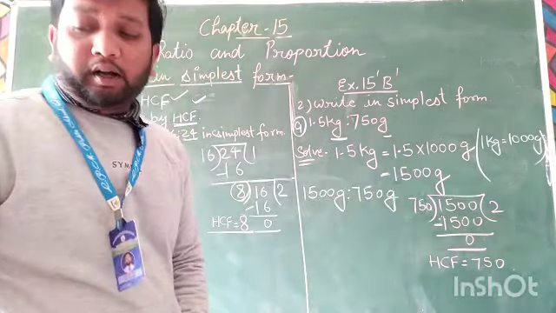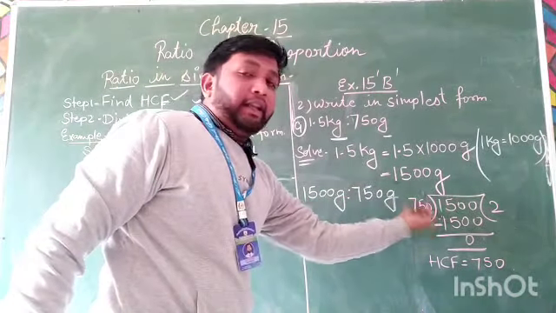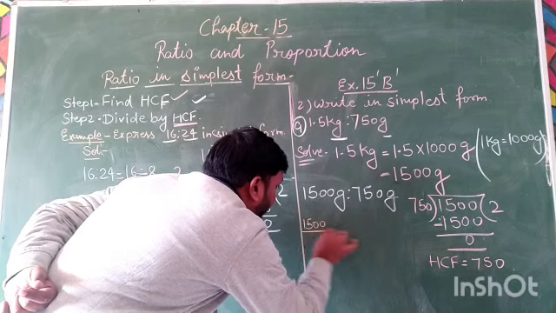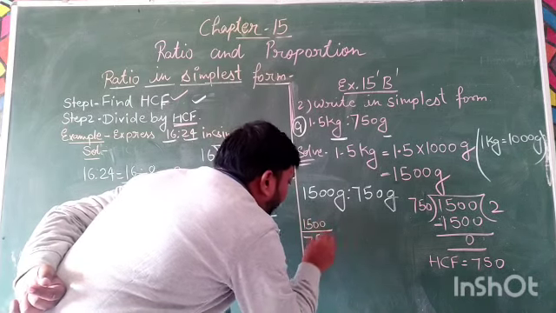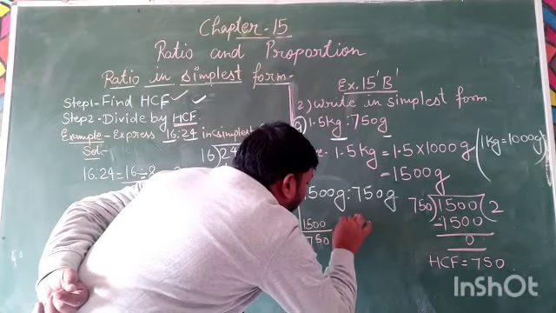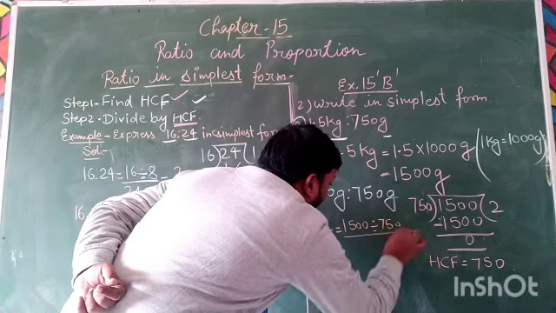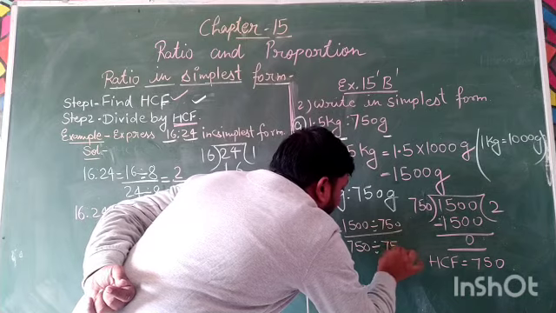So the next step is we divide both the quantities by the HCF. If we write 1500 divided by 750, since both are in gram, there is no need to write gram, and 750 divided by 750.